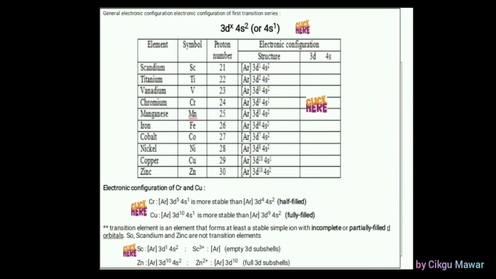Among all the transition elements here, there are two elements that are different from the others. For chromium and copper, in writing the electronic configuration, they didn't follow the rule because of their stability.